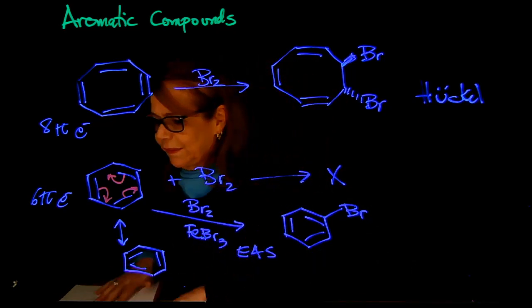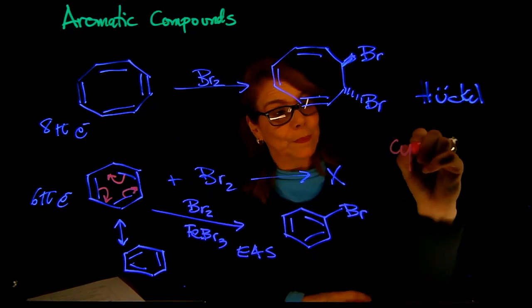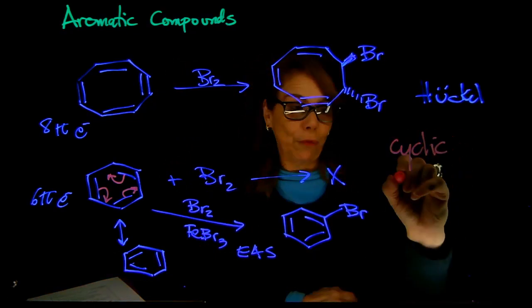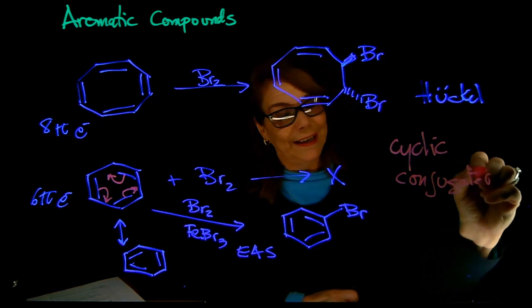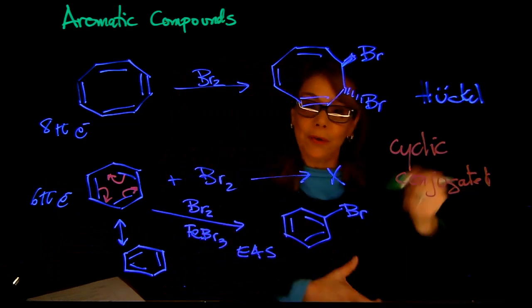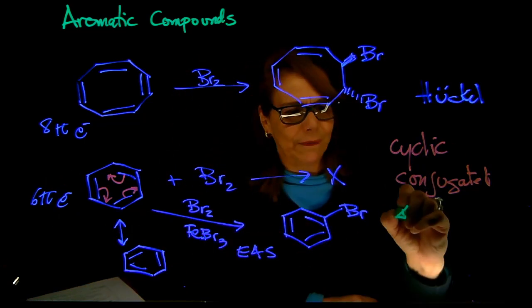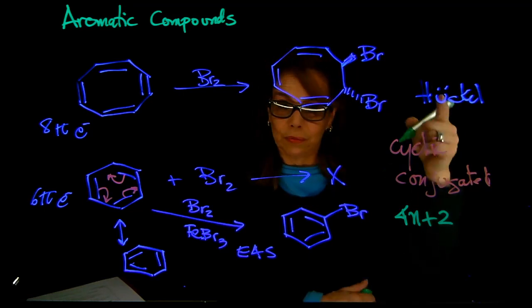What Hückel studied were different systems that were cyclic and that were conjugated. And what he determined is that some compounds, particularly stable, will have this number of electrons. That's what we call the Hückel rule.